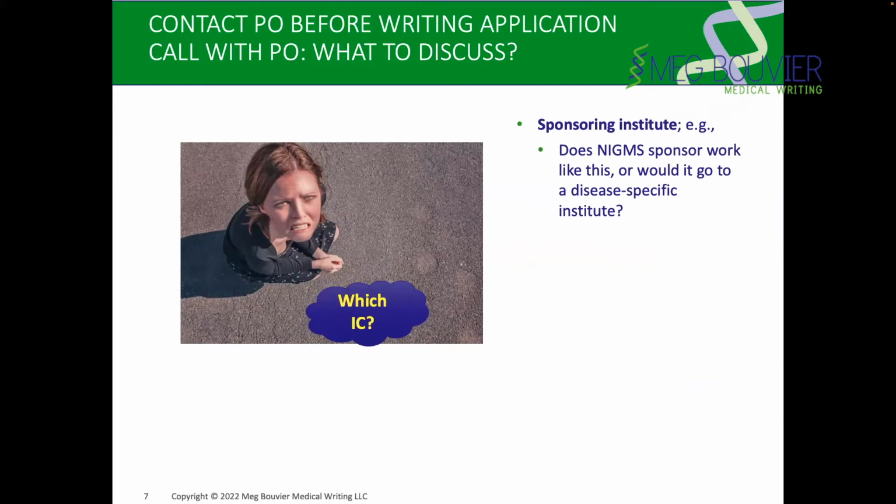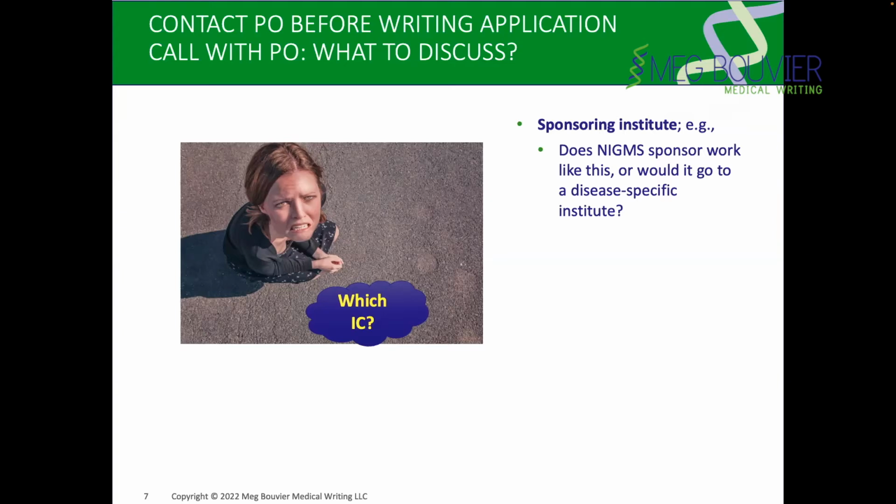Mechanistic studies are typically funded by NIGMS, but the minute it tips over into this mechanism is fairly well defined and we're starting to think about its application in a given disease, it gets bumped over to that institute. And where that cutoff is, is not always clear. So I sometimes have grantees where both institutes say, yes, it's ours, or both of them say, no, it's not ours.